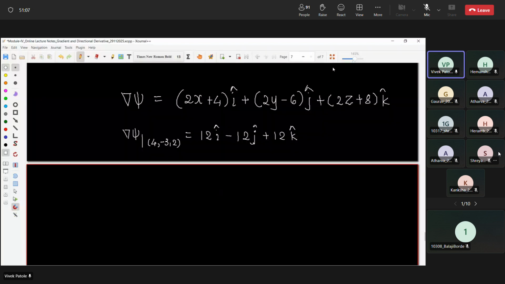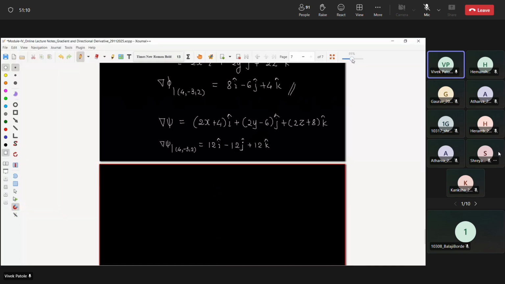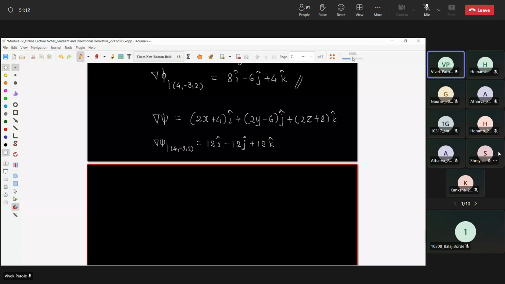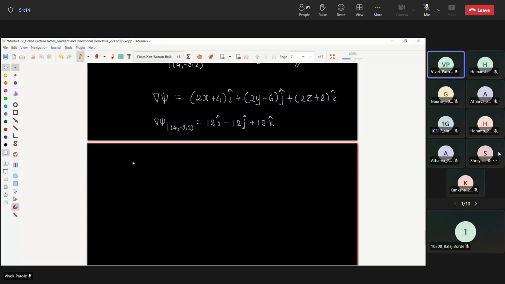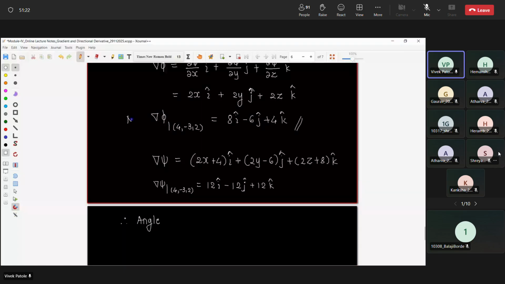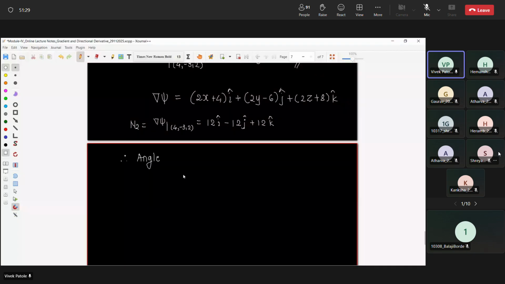Now what we have to do is obtain the angle between these two normals. I will call these N1 and N2 so that it is easy for me to write. N1 means normal to the surface phi, N2 normal to the surface psi.